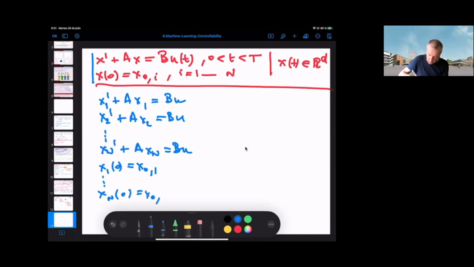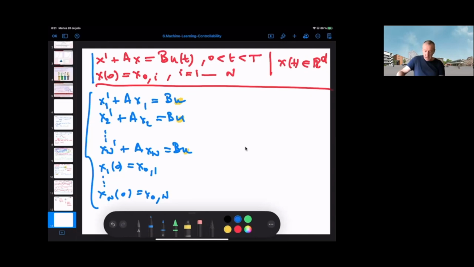So if you tell me about the simultaneous control of this system, I tell you, well, actually what you are doing is, with the same control, here, here, and here, you are trying to control n copies of the same system.